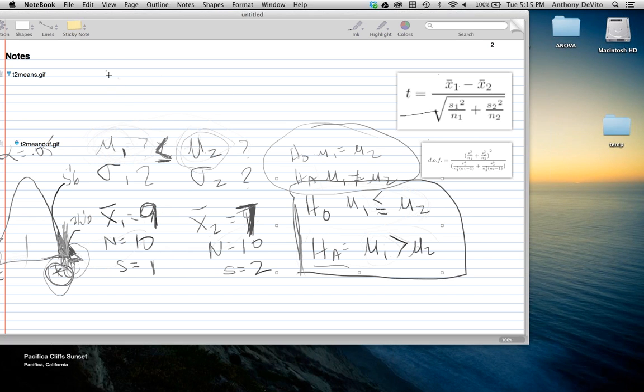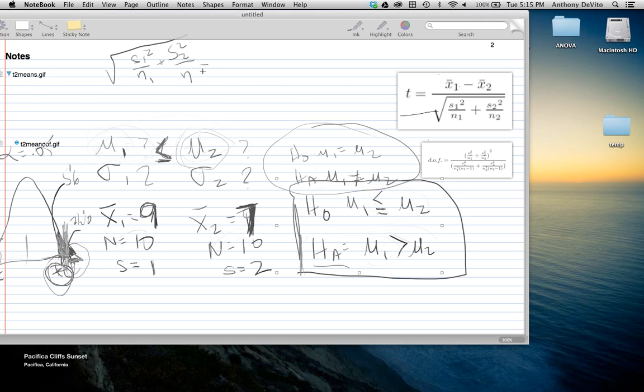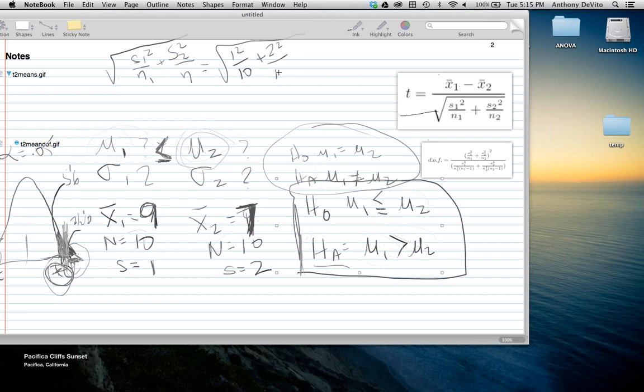That's calculated from the square root of the standard deviation of 1 squared, that's the variance of 1, over the sample size of 1, plus the standard deviation of the second group squared over the sample size 2. So in this case, it's going to be the square root of 1 squared over 10 plus 2 squared over 10. Kind of simple numbers that we managed to find for ourselves, fortunately.